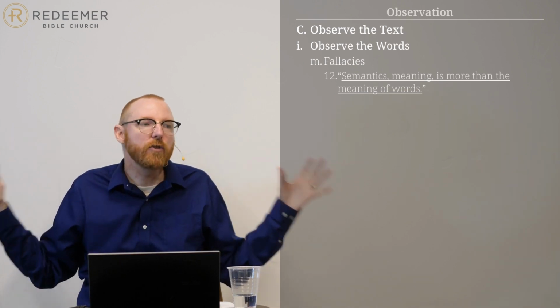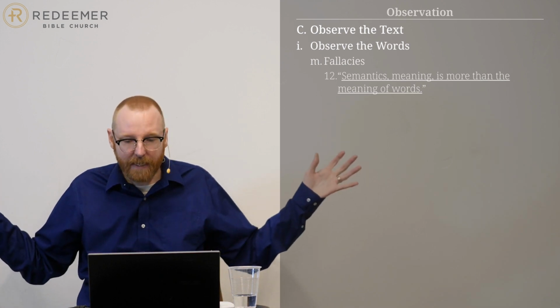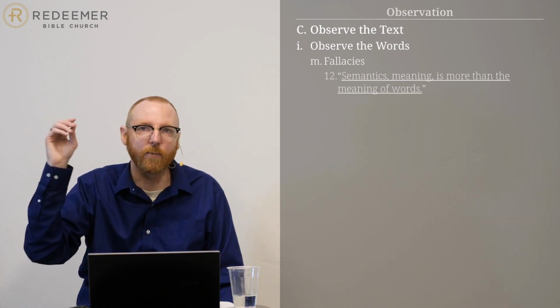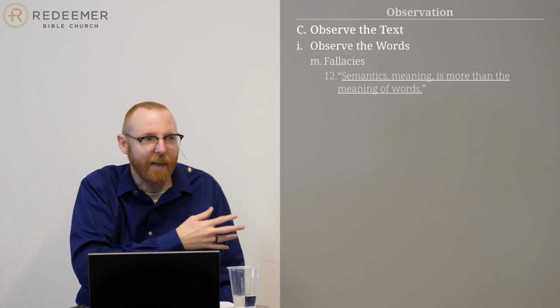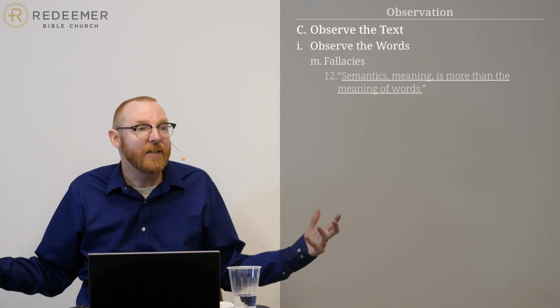We're not talking about anything too crazy here, but we do want to end by saying the meaning is not just looking up a bunch of definitions and stringing them together, right? Words, their meanings are important, but not ultimate.